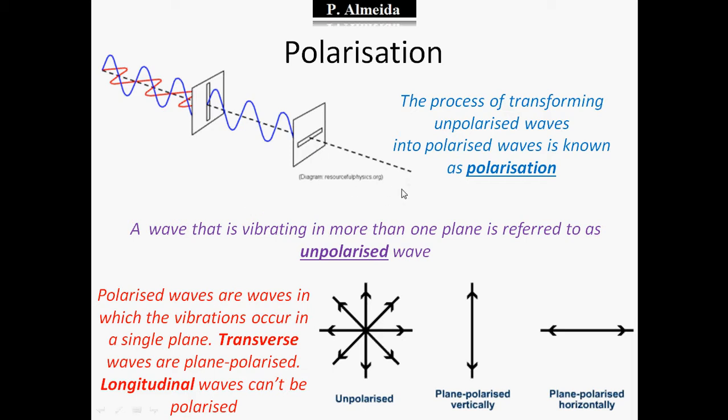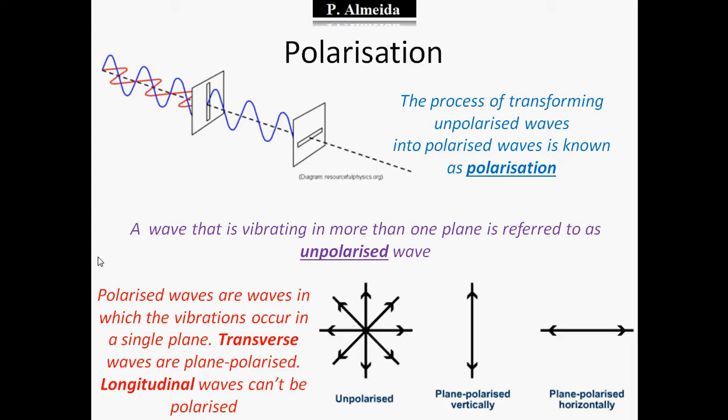So if I want to polarize unpolarized waves, this is known as polarization. Any wave, like electromagnetic waves, for example from the sun or from a light bulb, where the oscillations are in more than one plane, is known as unpolarized.